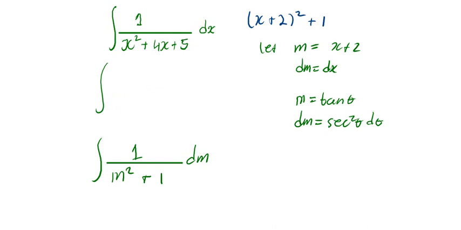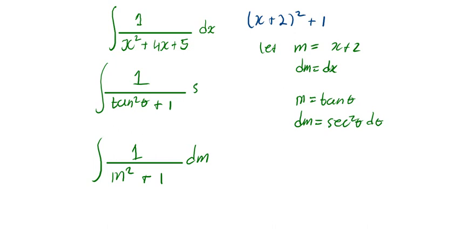This will be like 1 over, where we have m there, we can put tan squared theta, because our m is tan theta. So it becomes tan squared theta plus 1 multiplied by dm. What is our dm?